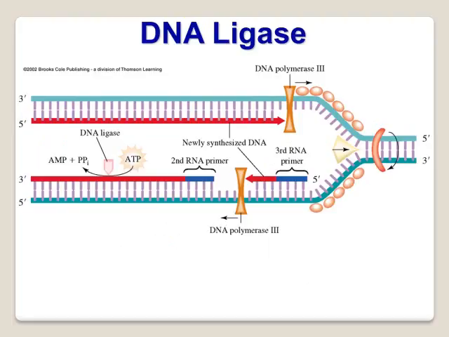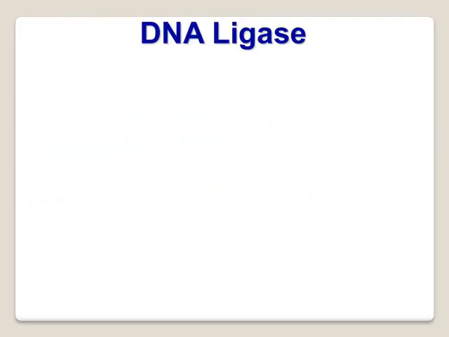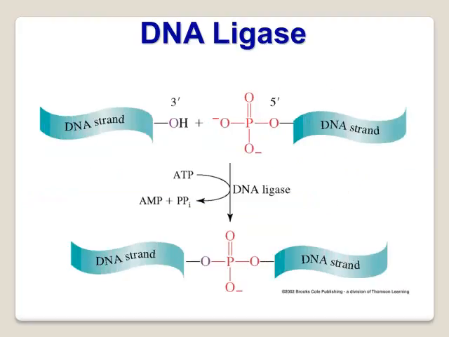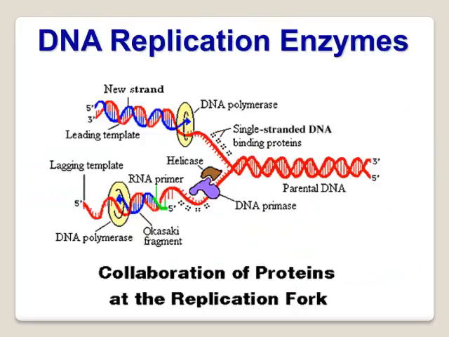Again, this is an ATP-requiring reaction, and this is the mechanism of the DNA ligase. Now, let me just say this. This is the final slide, and it shows you all the enzymes that are involved.